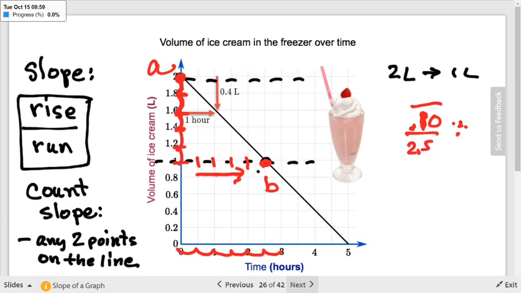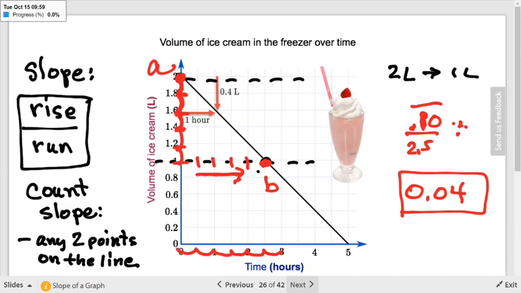What'd you get? 0.25. Cheating. So I get 0.04. So 0.1 divided by 2.5 gave me 0.04. Okay.